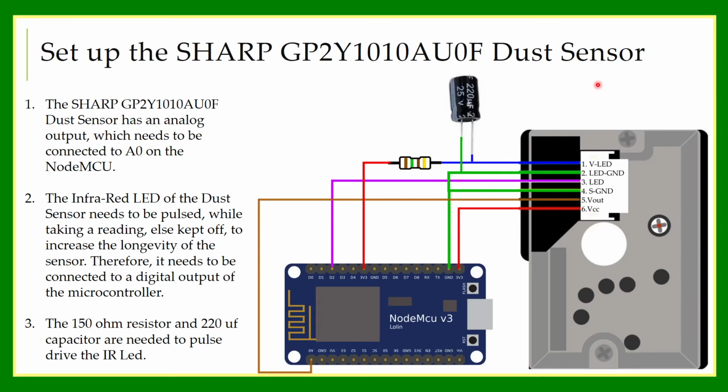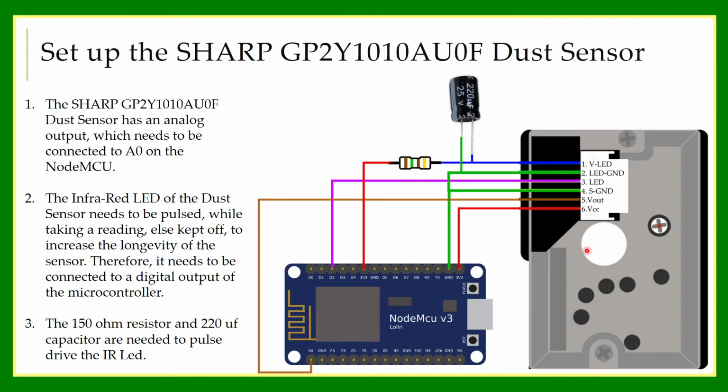Next, we will set up this dust sensor. For this sensor, you have to set up this pulsing circuit like this using a capacitor and a resistor according to its datasheet. And once this is done, what we are basically doing is turning on the infrared LED inside the sensor for a specific duration, a few microseconds, and within that time we are measuring the voltage generated by the photodetector.